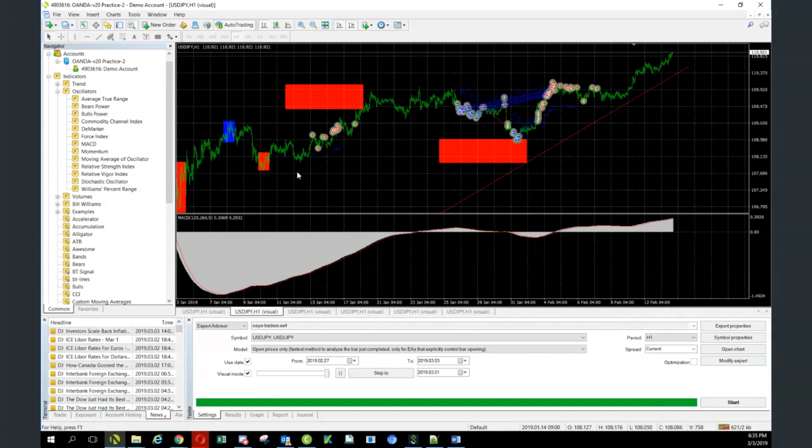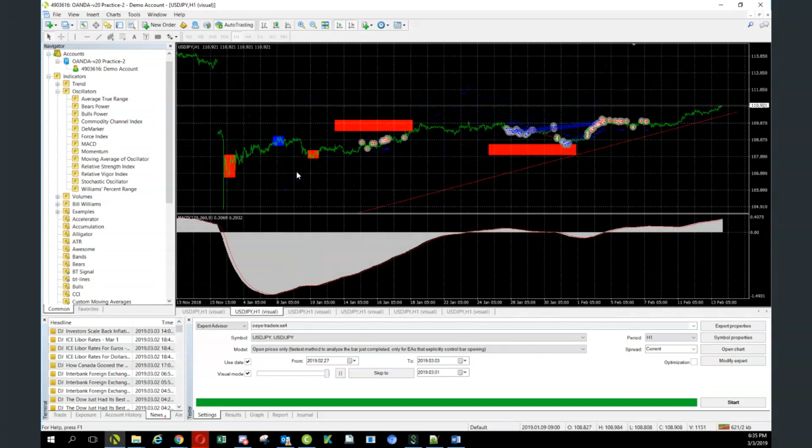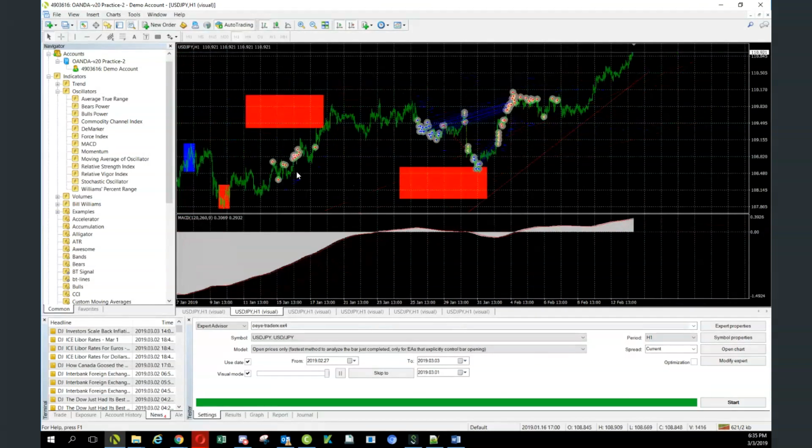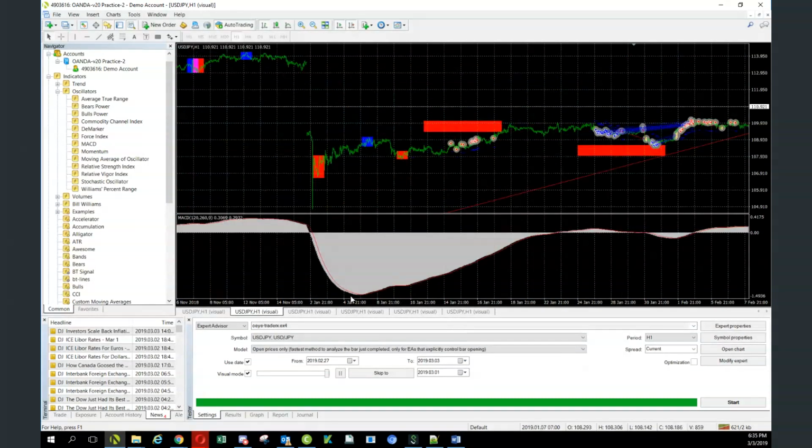Let's take, for example, from about January 7th all the way to the 28th. There was an uptrend. It turned and went all the way up until the 28th.